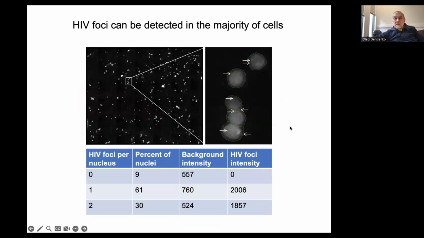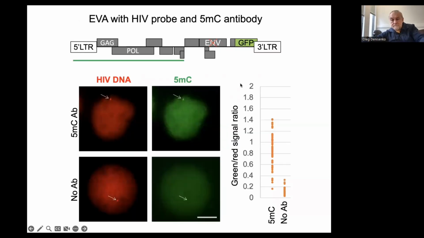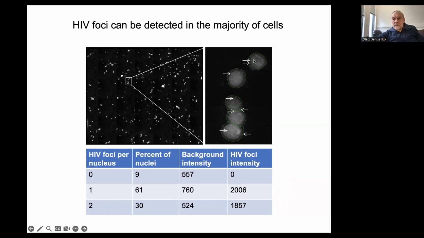So when we measured multiple cells, we can see the efficiency of this method. So in example shown in the image top right, you can see that all cells in this area reveal HIV EVA signal. So all cells contain either 2 dots per nucleus or 1 dot per nucleus.